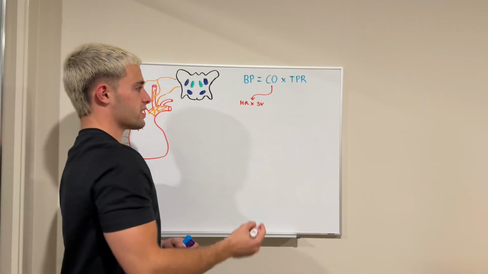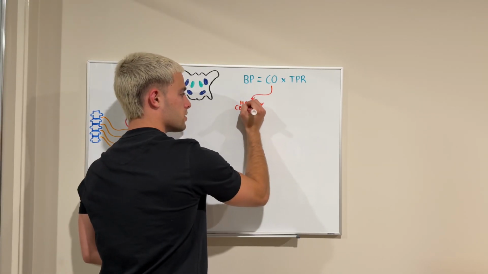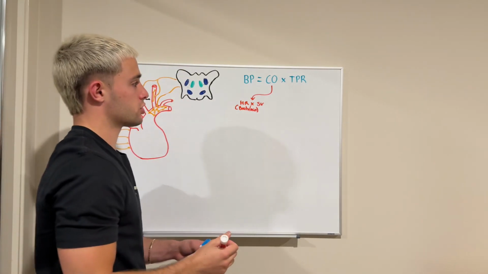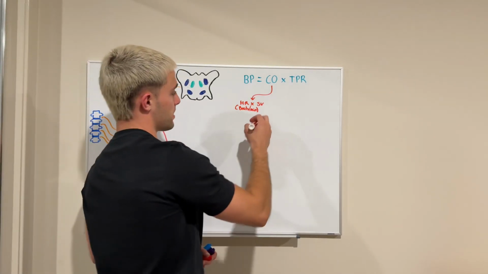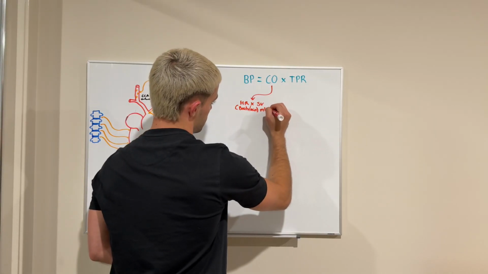Now, heart rate is measured in beats per minute, and stroke volume is measured in milliliters per beat.